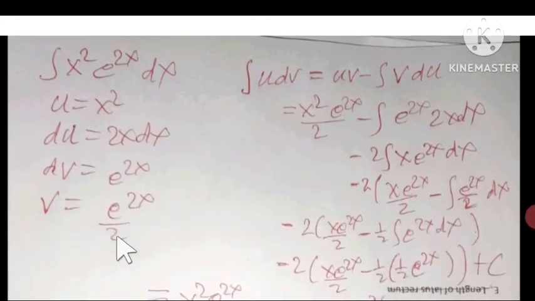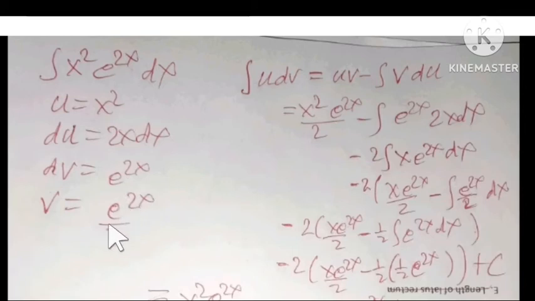What is v? E to the power of 2x over 2, because the derivative of v is equal to dv. The derivative of e to the power of 2x over 2 gives e to the power of 2x, and then substitute in here.